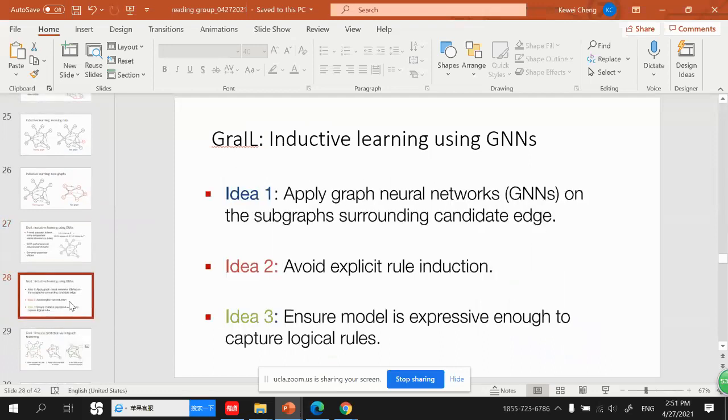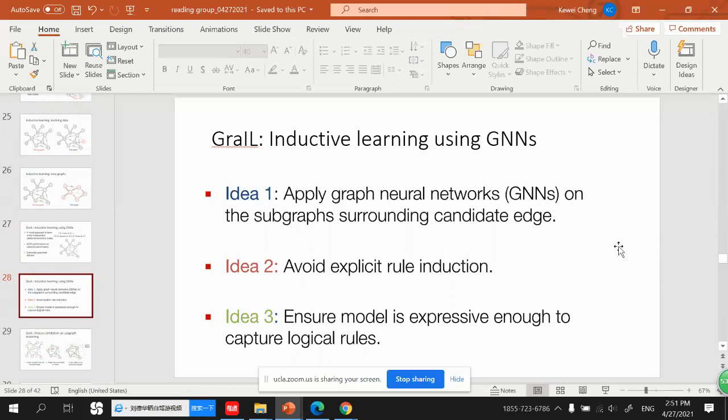Next we will introduce the idea of the second paper. The idea of the second paper includes three things. First, it tries to apply DRNL on the subgraph surrounding the candidate edges. Second, learning the logical rules explicitly would be a challenging task.